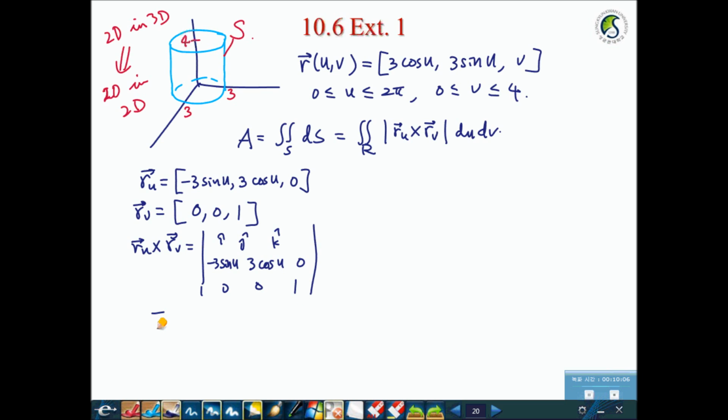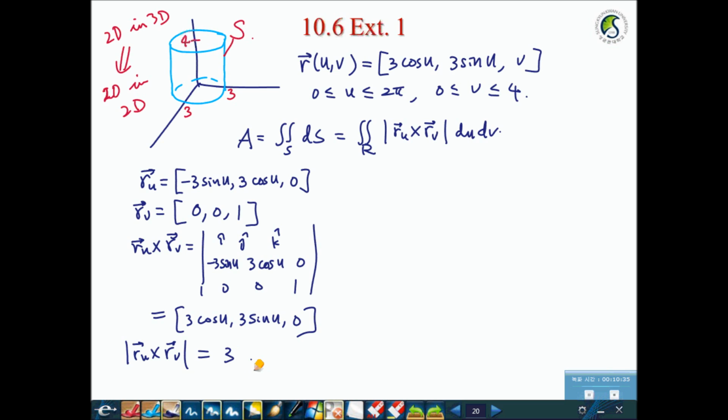If you calculate that, it is 3 cosine u, 3 sine u, 0. The length of this vector is the square of each component added up. Cosine squared plus sine squared is 1, so this is 3.